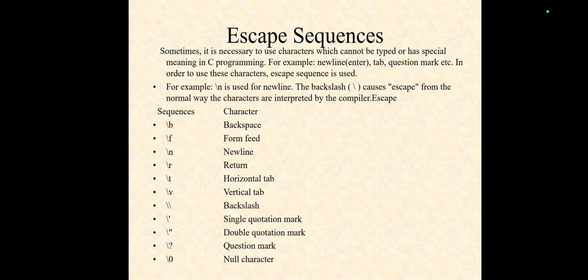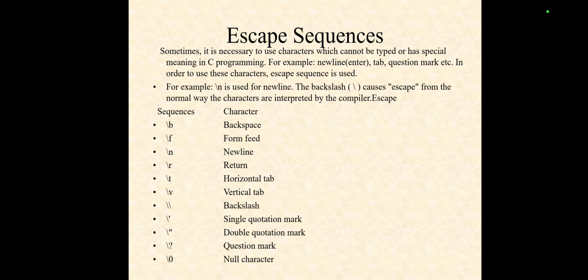Now we have another new topic, escape sequences. Many symbols are shown in this slide. Sometimes it is necessary to use characters which cannot be typed or have a special meaning in C programming, for example new line, enter, tab, question mark, etc. In order to use these characters, escape sequences are used in C language.